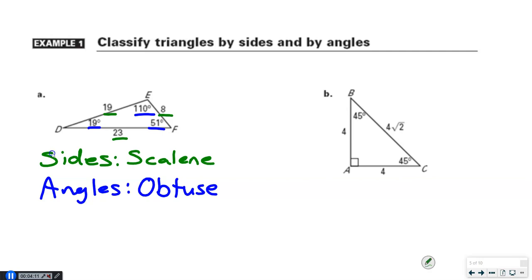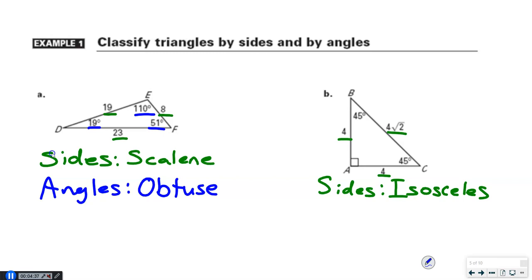We'll look at our second triangle and classify by sides. We have sides of 4, 4, and 4 square root 2. So two of the sides are the same, and that is an isosceles triangle.